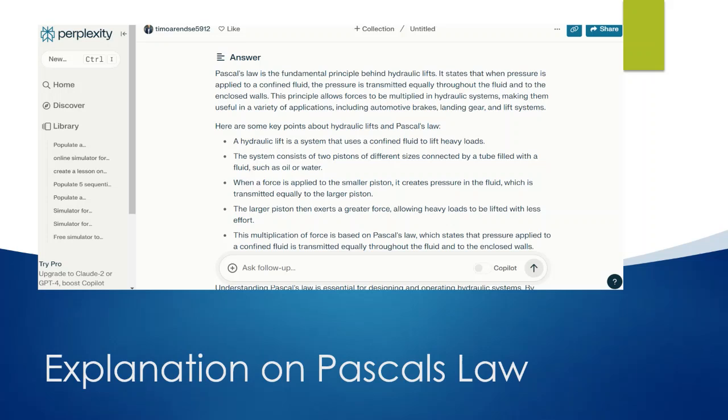The larger piston then exerts a greater force, allowing heavy loads to be lifted with less effort. This multiplication of force is based on Pascal's law, which states pressure applied to a confined fluid is transmitted equally through the fluid to the enclosed walls.